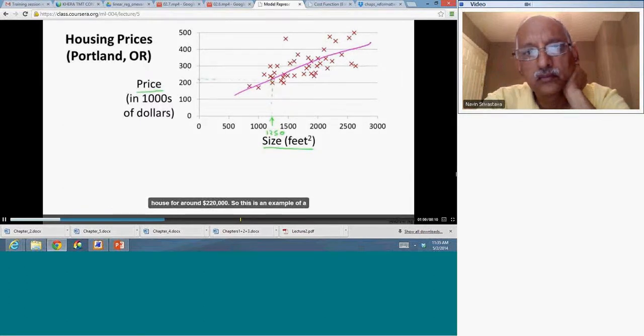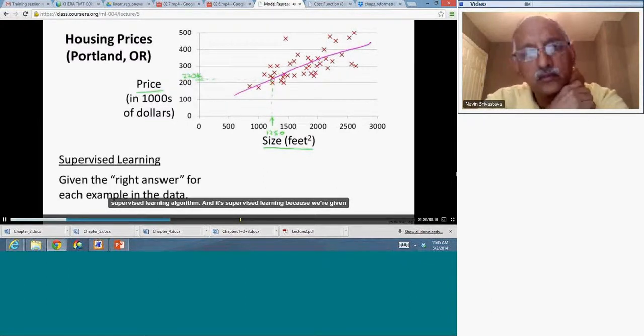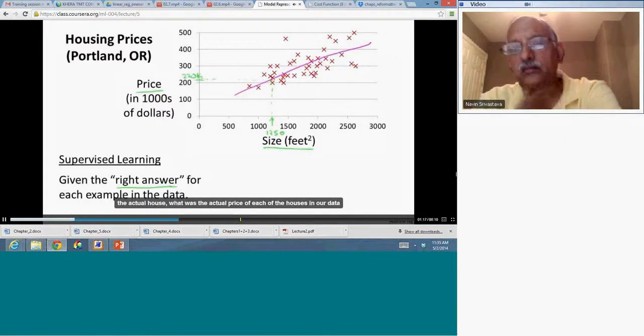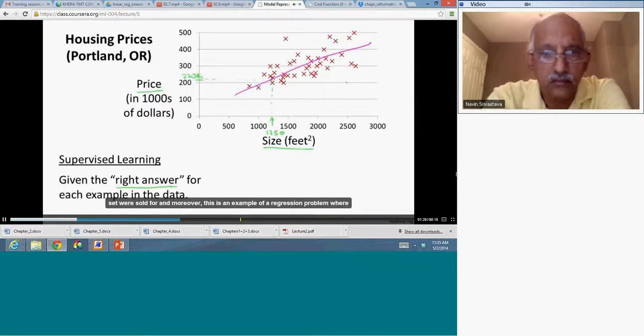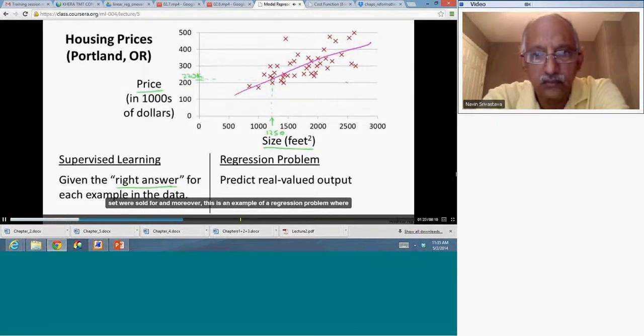This is an example of a supervised learning algorithm. Supervised learning means we were given the right answer for each example. Maybe we'll tell what was the actual price of the houses in our data set. The other most common type of supervised learning problem is called the classification problem, where we predict discrete valued outputs.